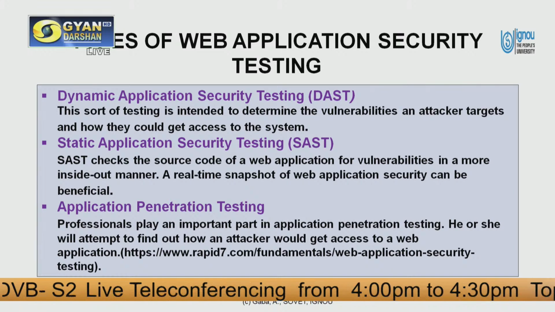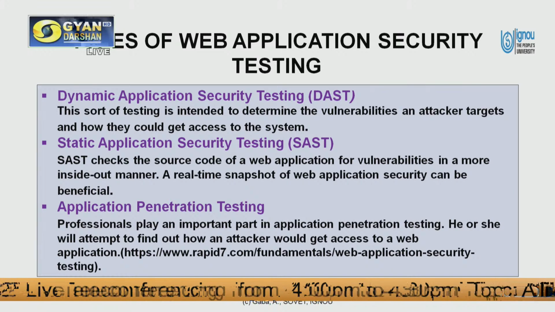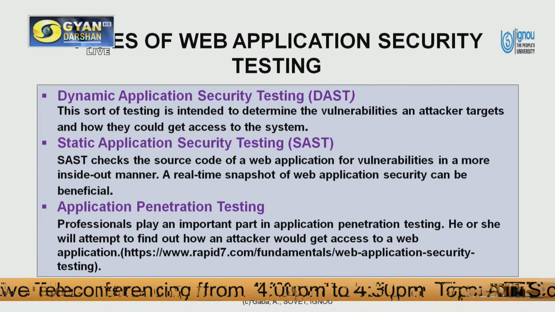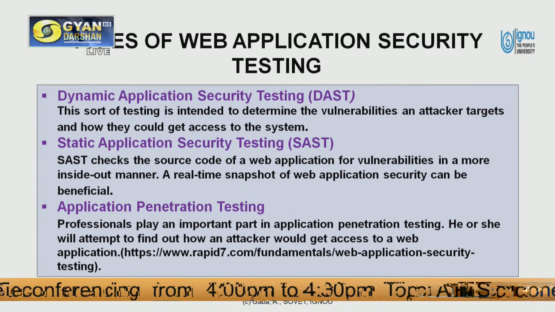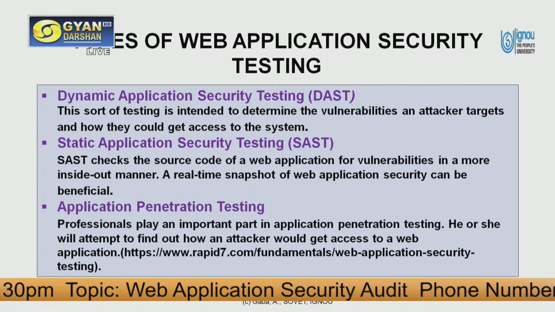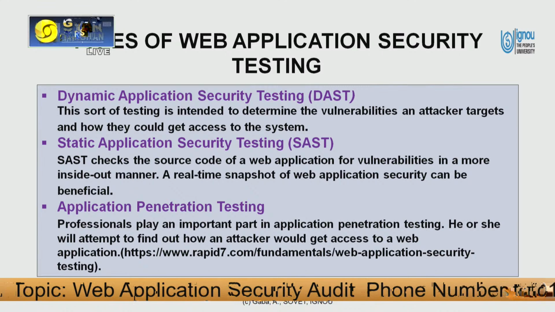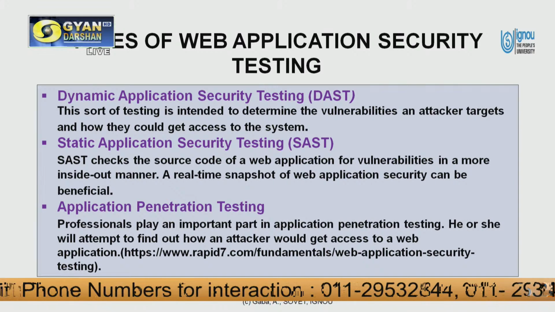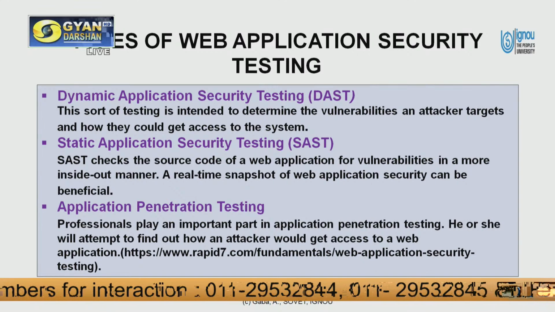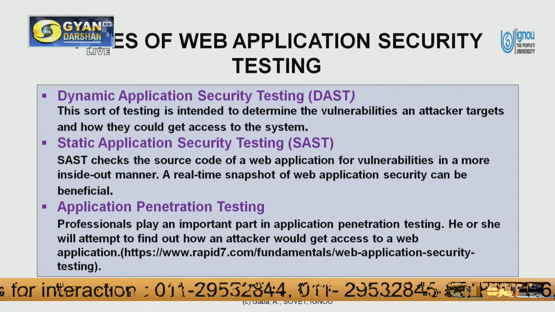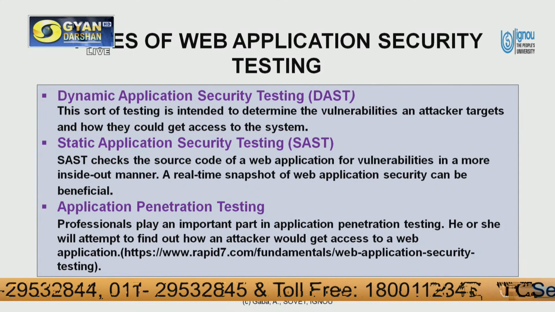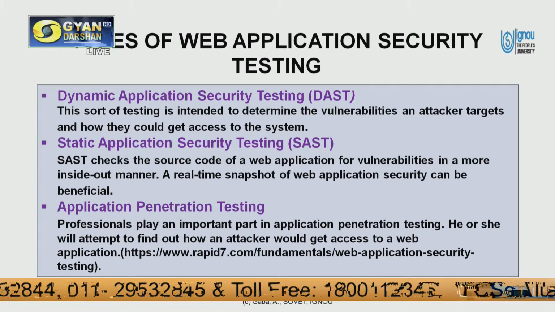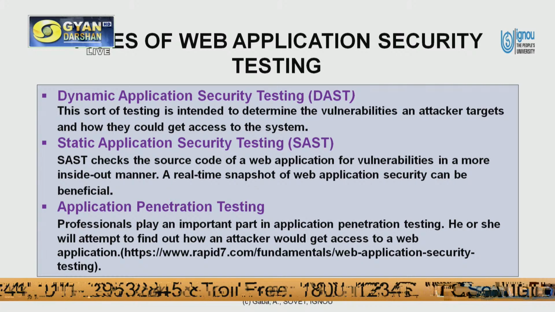Then what is static application security testing? We call it SAST. SAST checks the source code of the application. As an information security attacker, you have your own tools which check for vulnerabilities from the inside, or from a real-time standpoint of application security, which can be beneficial. The last part is application penetration testing.